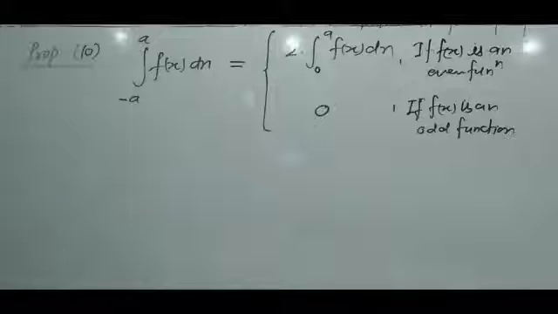Now suppose we consider x is equal to minus t. So this will be minus dt, and the parameter will be changed, giving f of minus t times minus dt. The result will be in terms of t, and it will be the same result, meaning for even you can get the result.